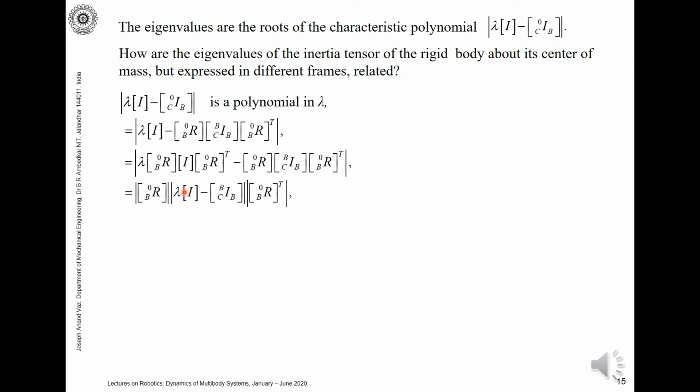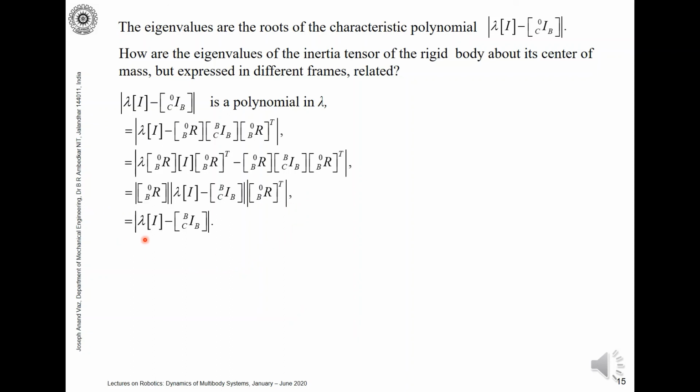And here lambda is a scalar, so we take R_B^0 common on the left side and R_B^0 transpose common on the right side. And we take the determinant for each because we can write this as a product of these three determinants.